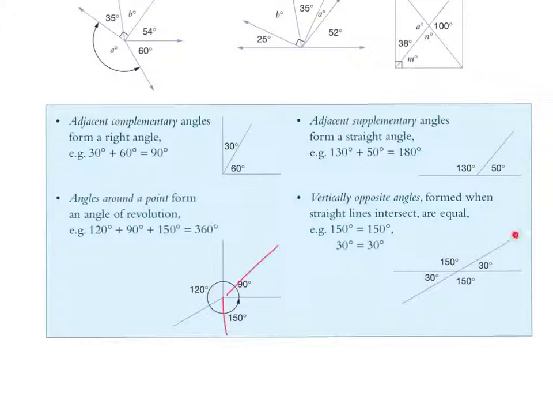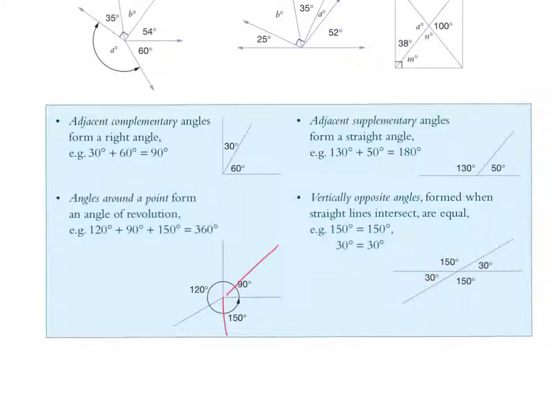When 2 straight lines cross over like this, they form pairs of angles that we say are vertically opposite. Vertically opposite angles always have the same value. So if this one is 150 degrees, his identical twin will always be 150 degrees. Likewise, the other pair here are smaller, but they're both 30 degrees.